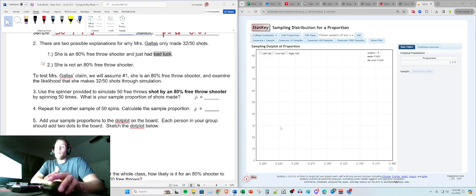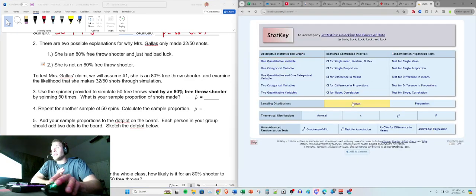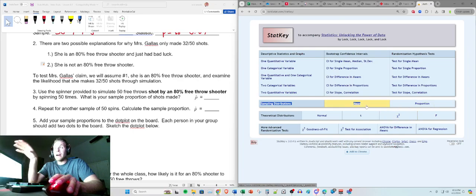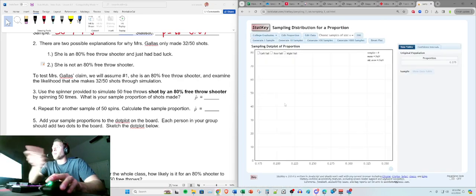So what we're going to do is go back to chapter 7 with the sampling distribution. Over here on the right side of the video, we're back on StatKey. This is the website we used for our song project. Now, we did sampling distribution for means with the Taylor Swift song and all of your songs, but we're going to look at proportion here because we're talking about proportions.